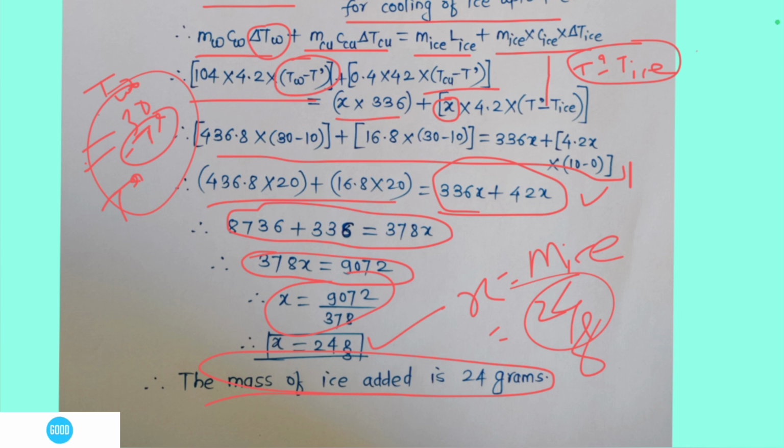Don't make any mistakes or common errors in the calculation, otherwise your answer will go wrong, and you will not get the marks. Obviously you will get some marks for the steps, but getting the answer correctly up to the last step is very important. And because we know that the weightage of this question is 3 or 4 marks, obviously we can't miss this question. It is a very important one.